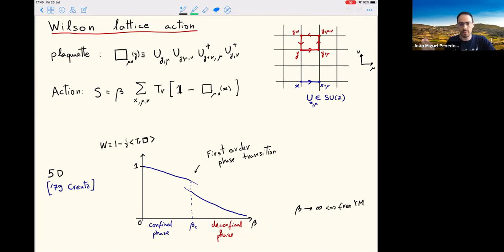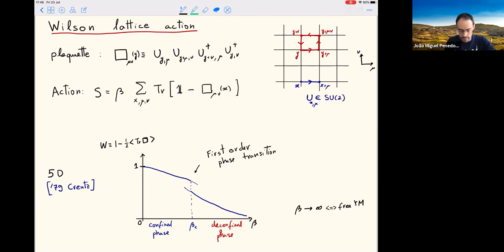You can actually measure an order parameter like the Polyakov loop, but it's easier to measure just the expectation value of the simple plaquette, and what you observe in 5 dimensions was first observed by Creutz in 79, I think, on a 4 to the 5th lattice or something like that. That was the biggest he could do. It's first order.